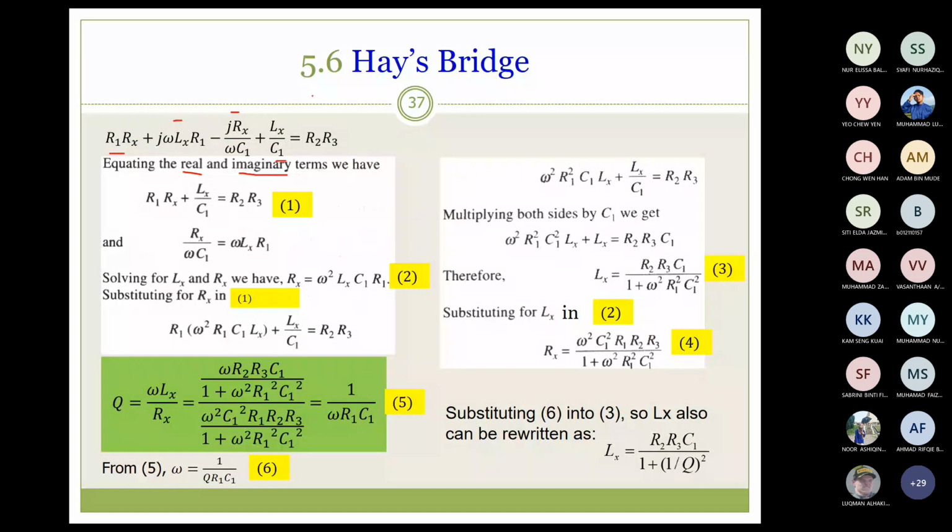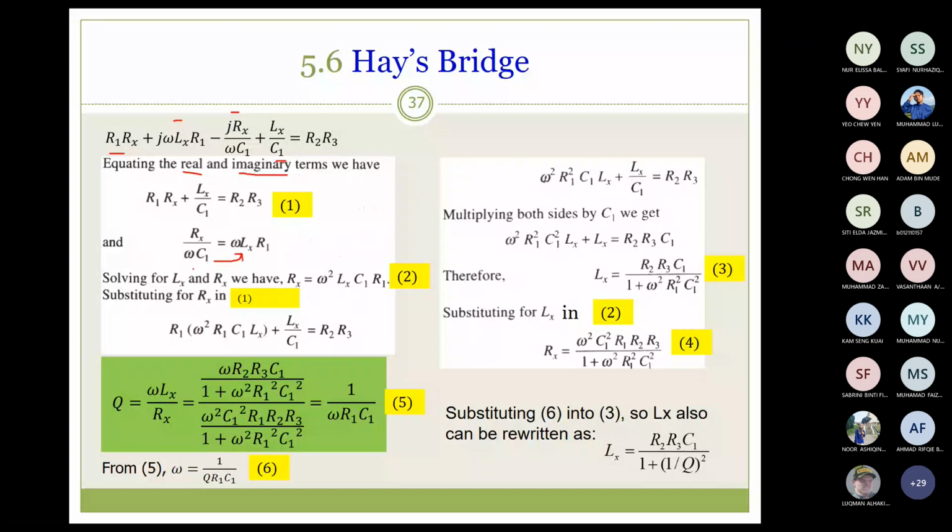Therefore, we change the side for the Rx over omega C1, then we find Rx over omega C1 is equal to omega Lx R1. So we get it like this for the real term and the imaginary term. But in order to solve for Lx and Rx, we have here Rx equal to omega squared Lx C1 R1, because we make it like this.